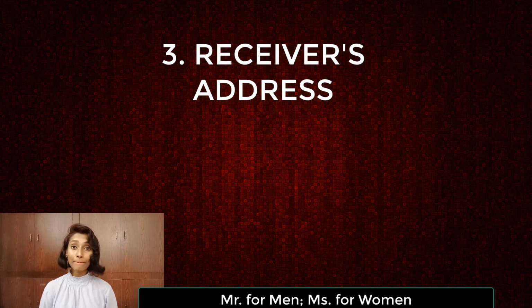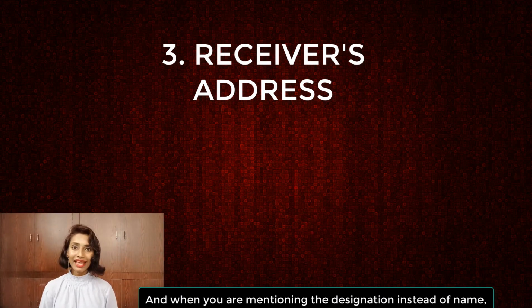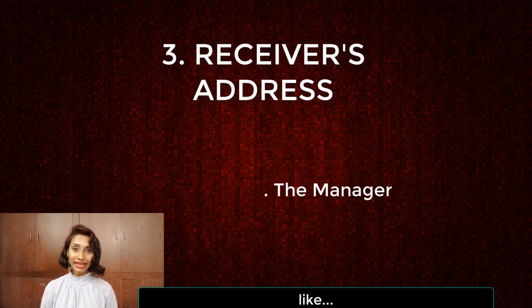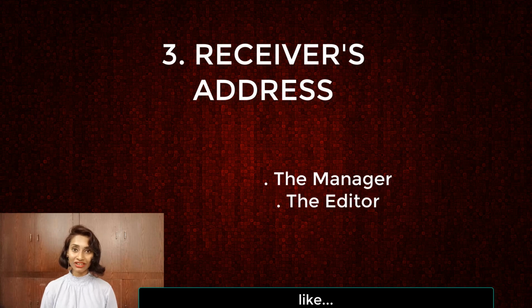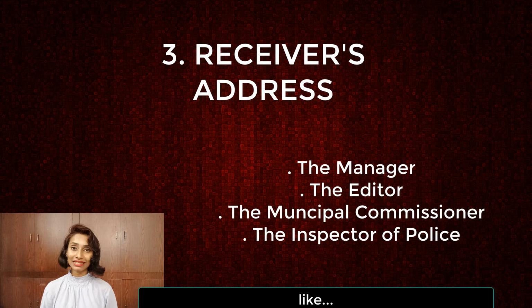Mr. for man, Ms. for women, either married or unmarried, we can use Ms. And when you are mentioning the designation instead of name, you have to use the definite article the before the designation, like the manager, the editor, the municipal commissioner, the inspector of police.